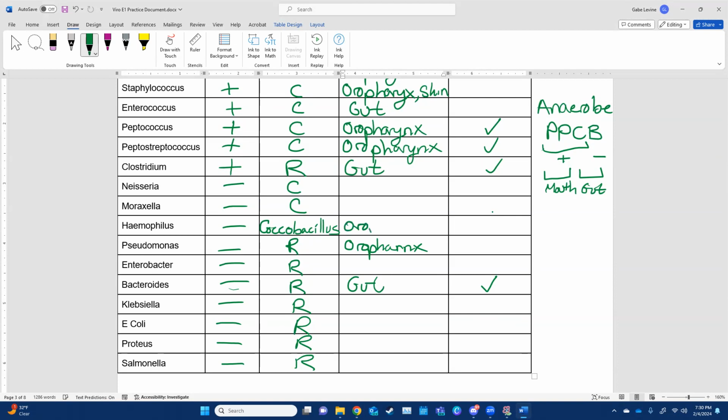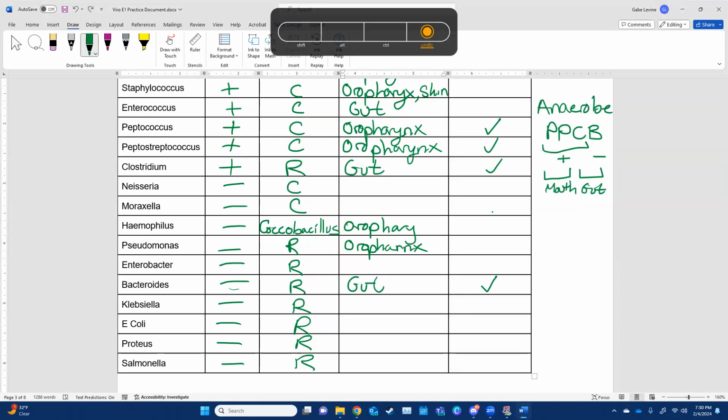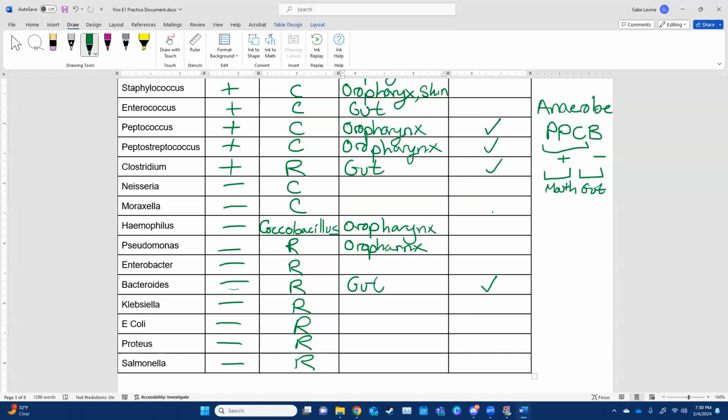Lungs as well. Yep. So if you had to guess based on the pattern that's going on, these are oropharynx as well. Everything else is gut.